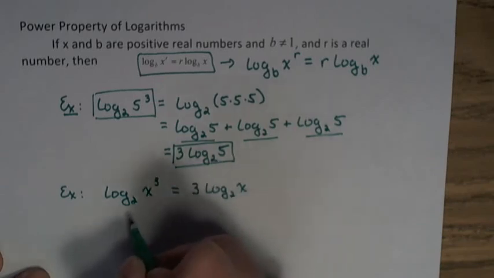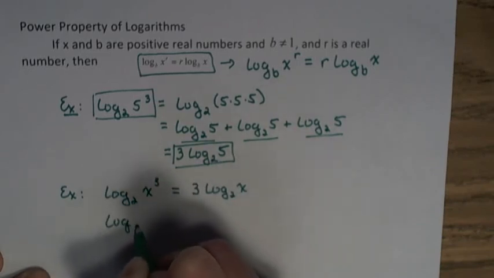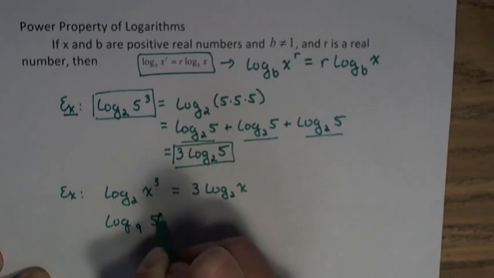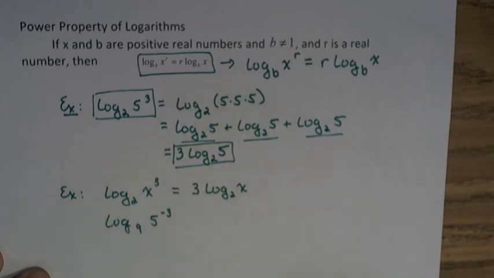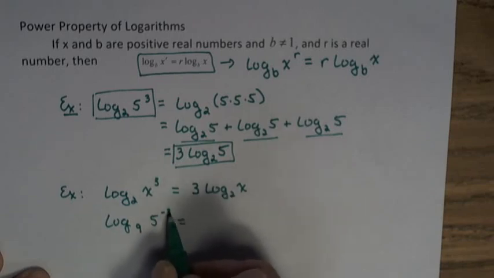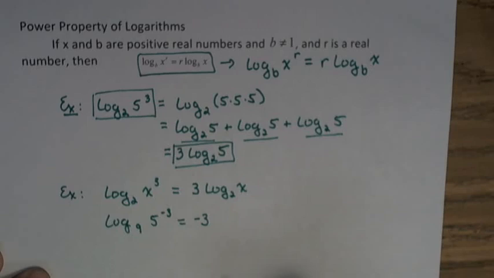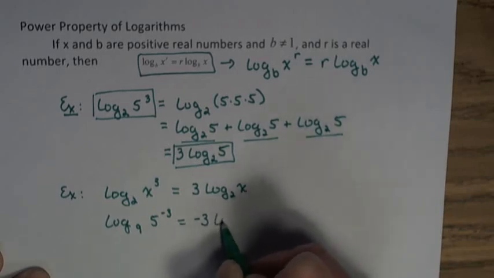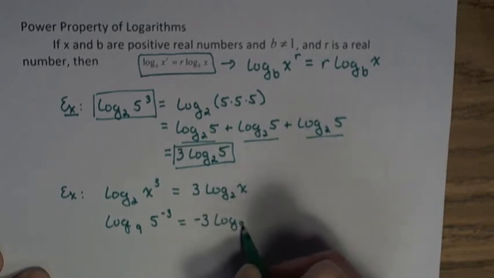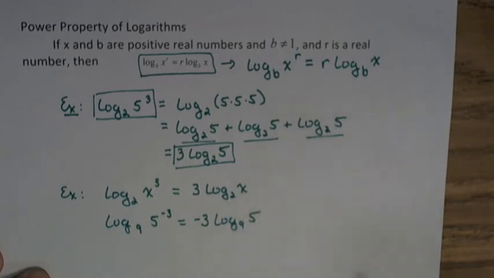Here's another one. Log base 9 of 5 to the negative third. Well, it's just a negative exponent. I can bring that to the front as well. So this one would be rewritten using the power property as negative 3 log base 9 of 5.